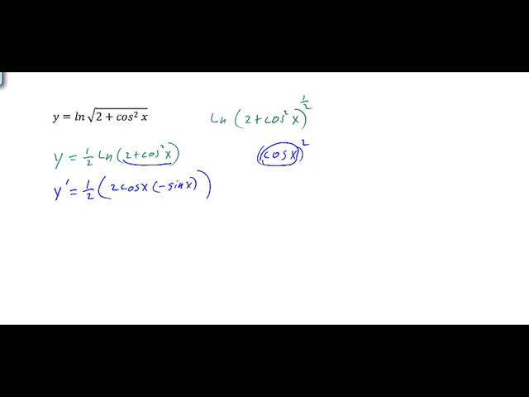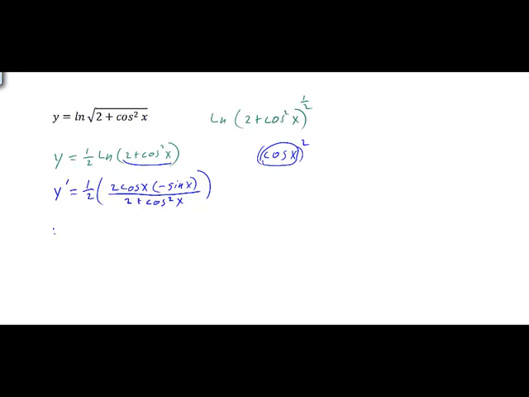All right, so that's du. Now remember though, we have to divide all of that by u, and our u is 2 plus cosine squared x. Okay, so keep in mind this is du over u.